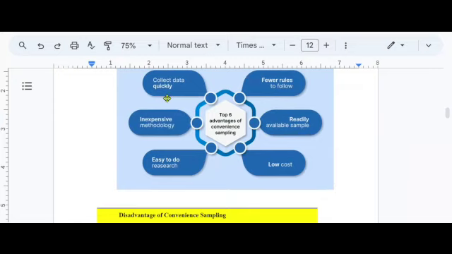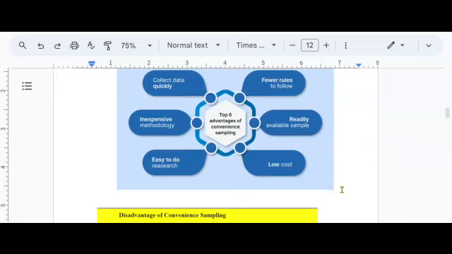It collects the data quickly, fewer rules, available sample, they are already around, low cost, you don't spend that much time, money, easy to do, very easy, inexpensive methodology, and we said about collecting the data quickly. So that's the advantage.